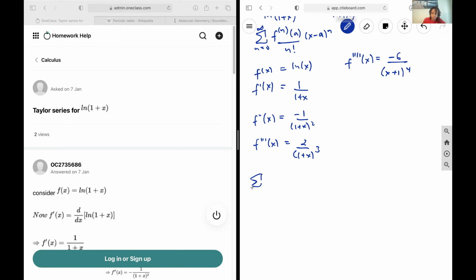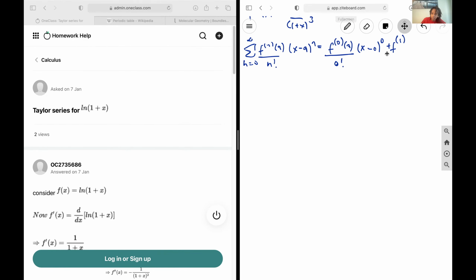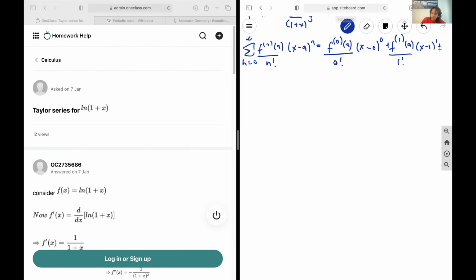So that would look like that, evaluated at a over 0 factorial, x minus 0 to the power of 0 plus the first derivative, evaluated at a over 1 factorial, x minus 1 to the power of 1, and you just go on like that, adding up the n values.